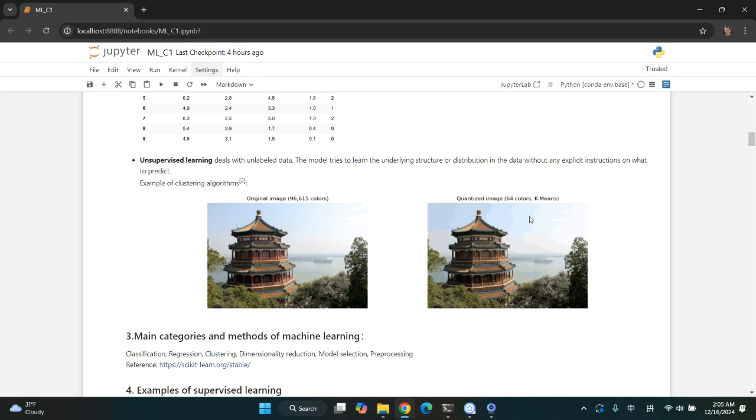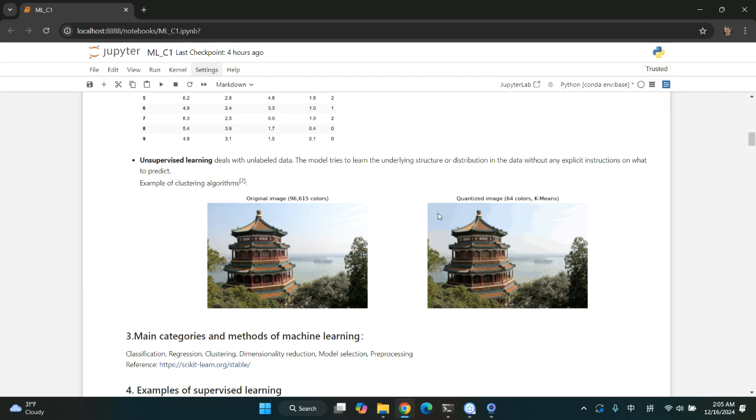In the right picture, after we quantized this image, we use only 64 colors to represent the original 96,000 colors. You see here, this part is now one cluster.